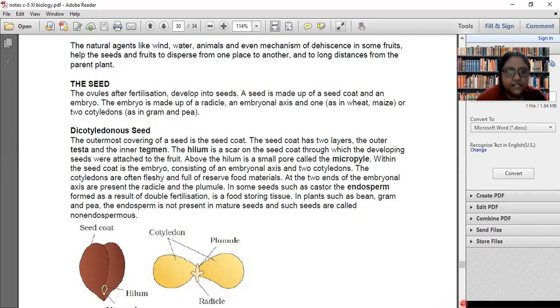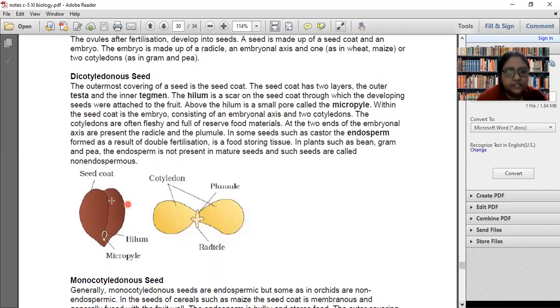You can see in the diagram of this structure that in a seed, inside the ovule, there is a pore called micropyle. Micropyle is the pore through which the male gametes enter into the ovule.